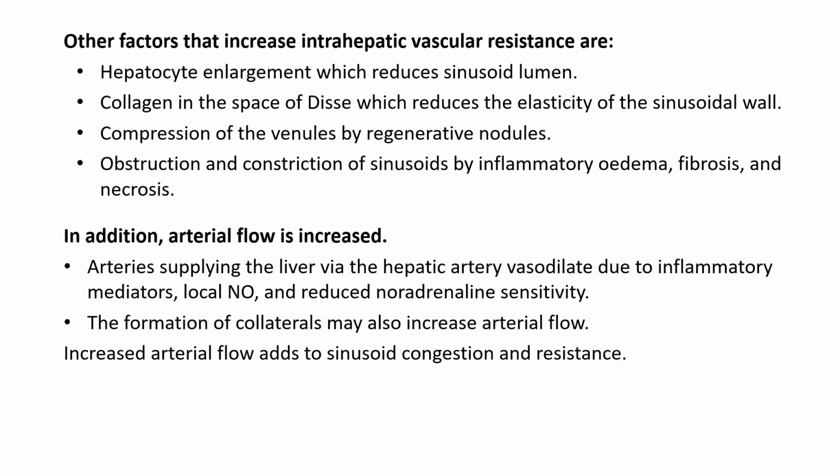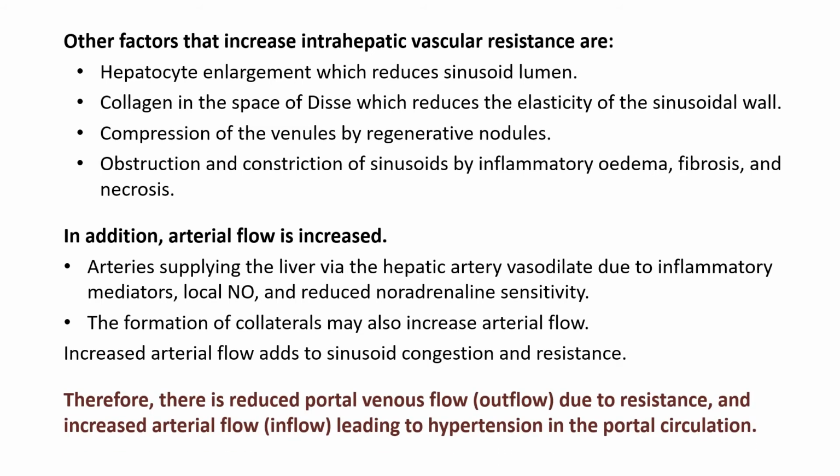So we have increased arterial flow, and of course that's going to add to sinusoid congestion and resistance, because this is another lot of blood that we're trying to get through those narrowed sinusoids. So we have reduced portal venous flow, outflow, due to resistance within the liver, and we have increased arterial flow, inflow, leading to hypertension in the portal circulation.